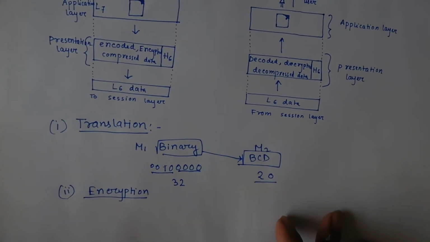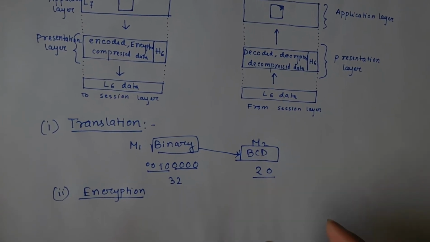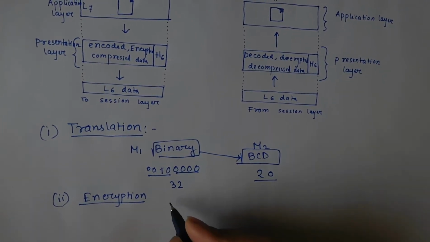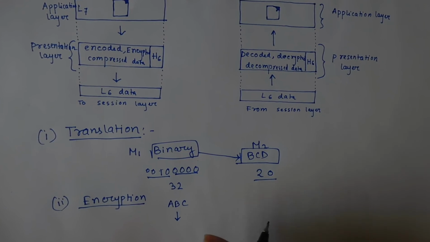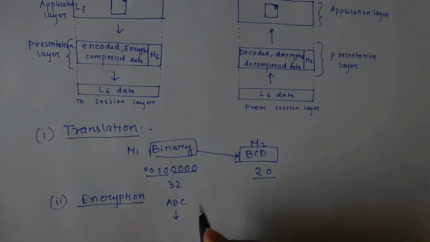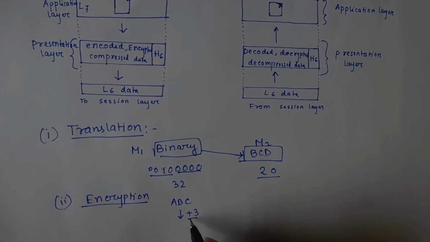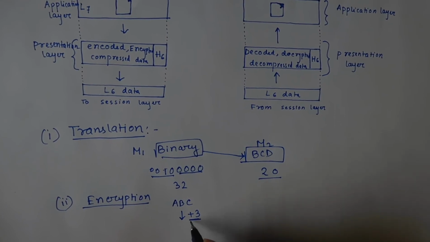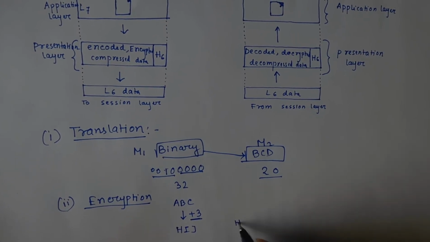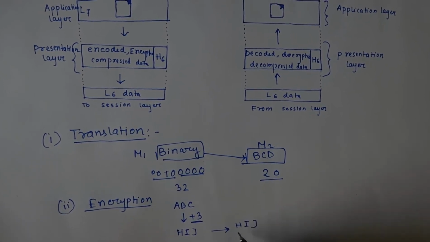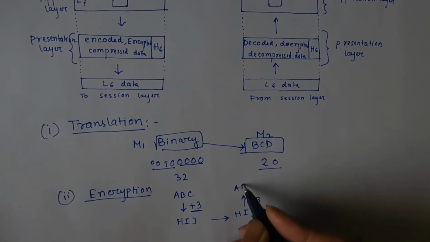Encryption: to provide security, the actual message is encrypted at the sender end and decrypted at the receiver end. Suppose a message is ABC. There are many encryption algorithms. Suppose we use the third next letter, so ABC is replaced by D, E and F, and at the receiver end, when it gets the encrypted letters, it takes the previous third letter, so it becomes ABC again.